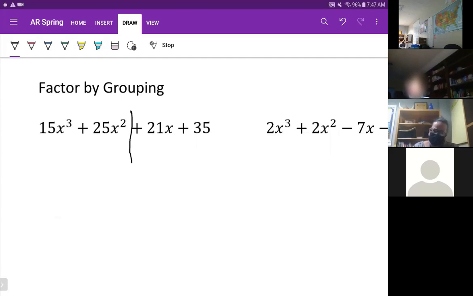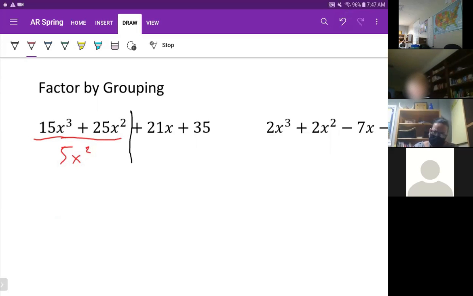So these you can divide by 5. Let's do this. You can divide by 5x squared.